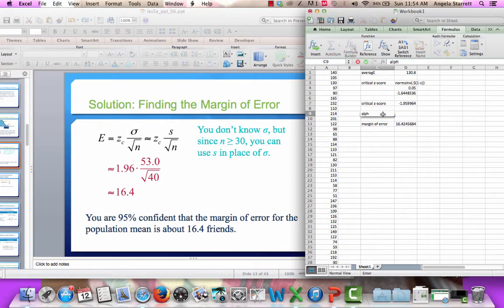Let me stress what we're going to need for this formula. We need our alpha. Alpha is defined as 1 minus the confidence, which here is 1 minus 0.95, which is just 0.05. We're going to need our standard deviation, which equals 53, and we're going to need our sample size, which equals 40.